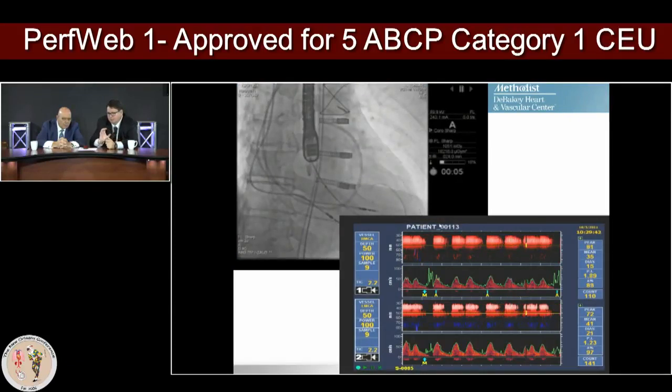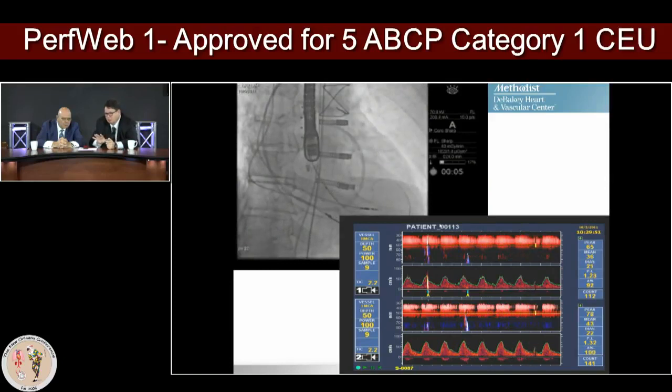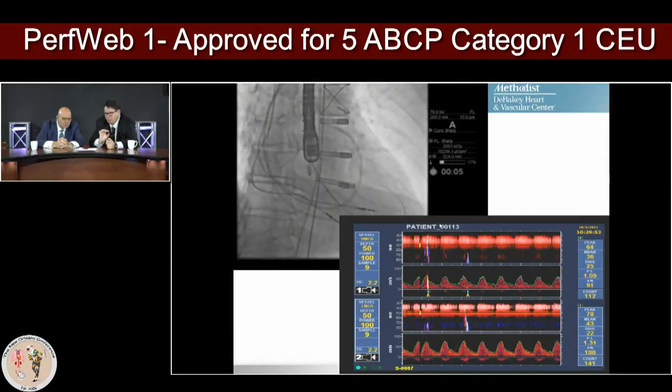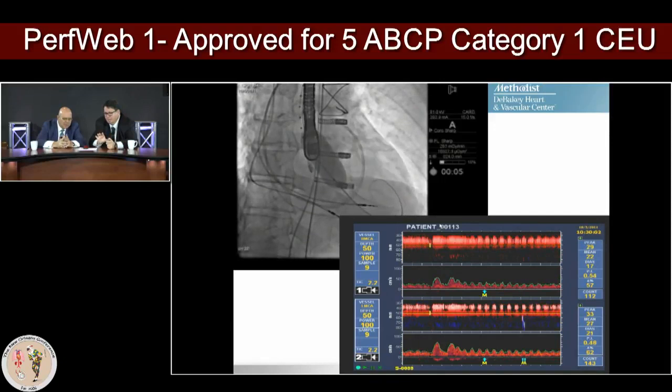I think the videos synchronize what you see on the C-arm and what you see in the brain on a TCD, and the best example you're going to see now with fast, rapid pacing. Yeah, beautiful, you see it on the top, BAV, left.